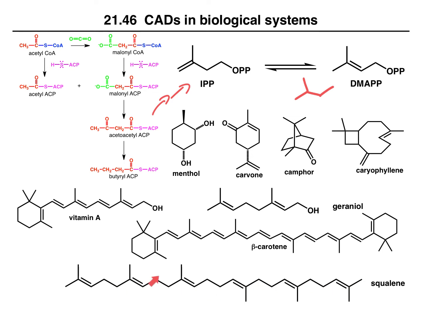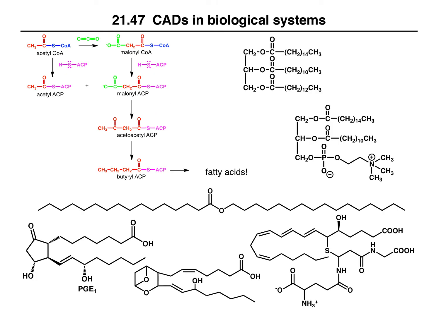Squalene is another important compound, and squalene can be converted into cholesterol, which is then converted into various hormones as well as steroids that are responsible for many important regulation processes in the body. And all of this is based on organic chemistry.